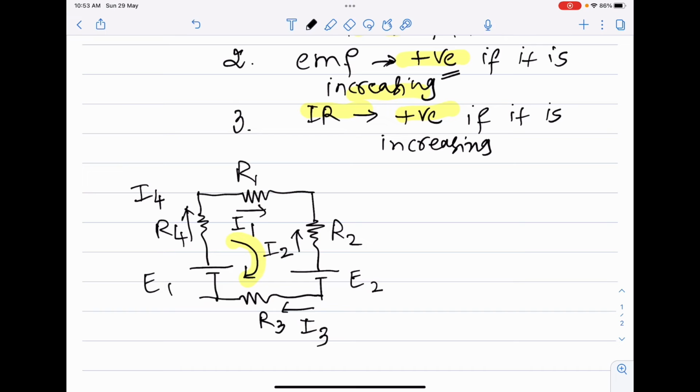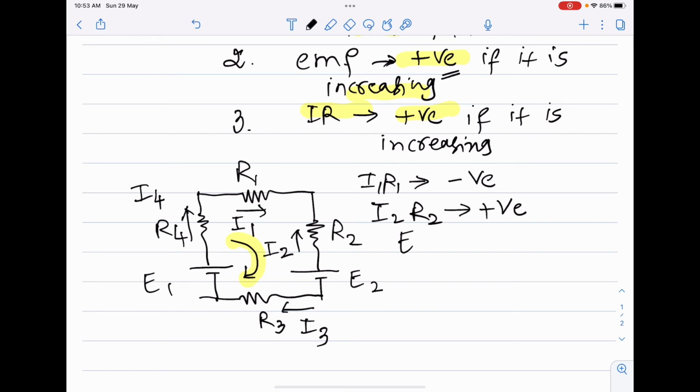Now from the above rules we can easily write: I1 R1 is to be treated as negative because our direction of tracing is clockwise and the voltage drop I1 R1 is decreasing, and therefore it is treated as negative. The voltage drop I2 R2 is to be treated as positive because it is increasing in the direction of tracing. The EMF E2 is treated as negative because we are going from the positive terminal to the negative terminal.